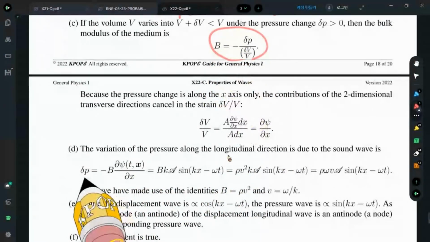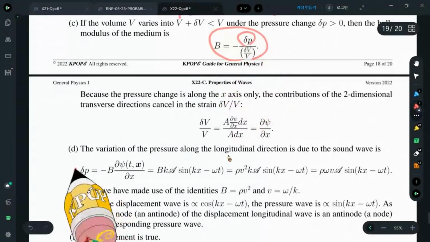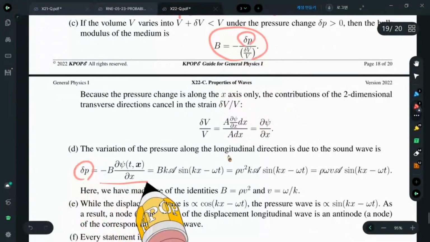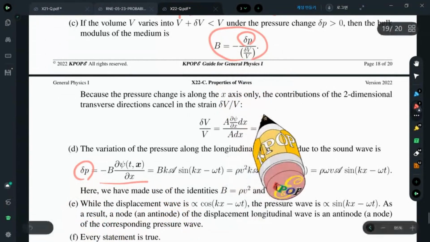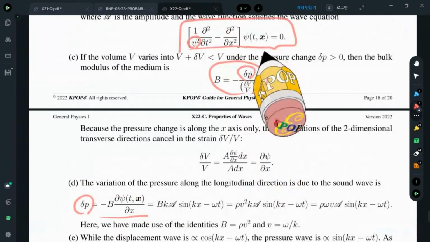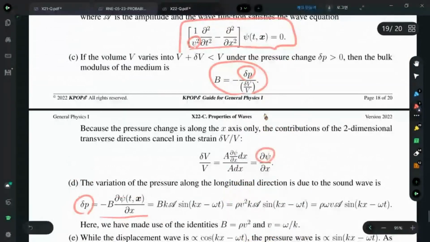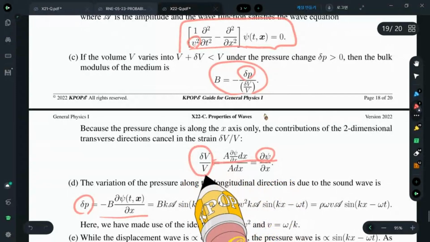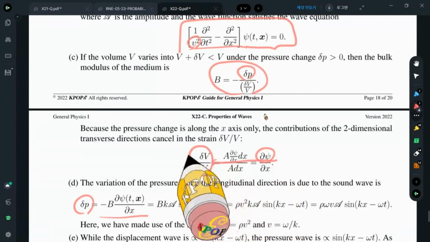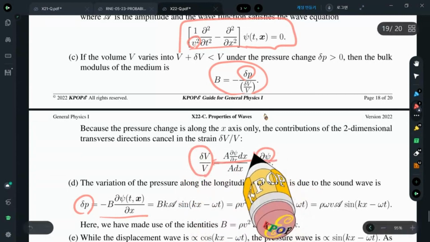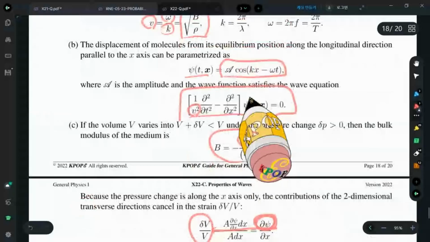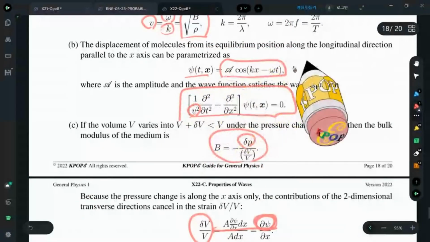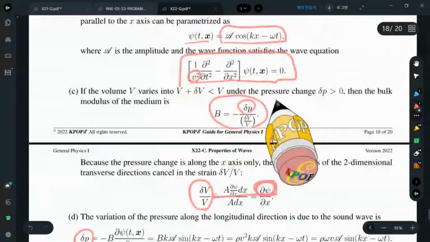As a result, the change in pressure can be expressed as this one. And we have substituted the solution for the fluctuation, d psi, that is closely related to the strain. The strain can be computed from the wave function for the fluctuation of the longitudinal position of the air molecules.